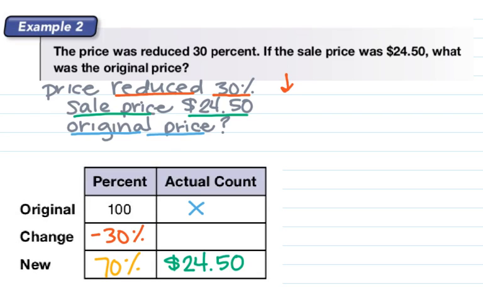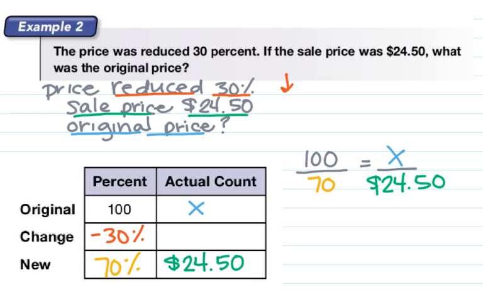I create my proportion. I have 100 over 70 equals X over 24.50.